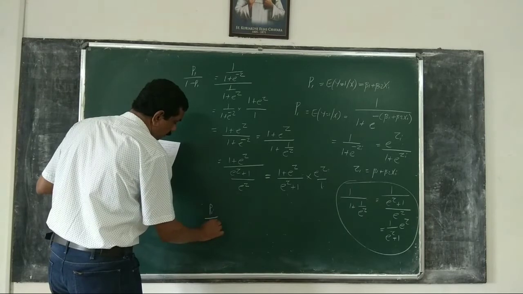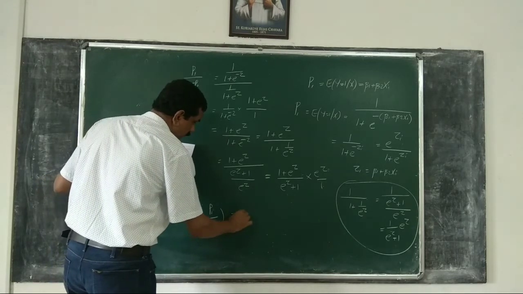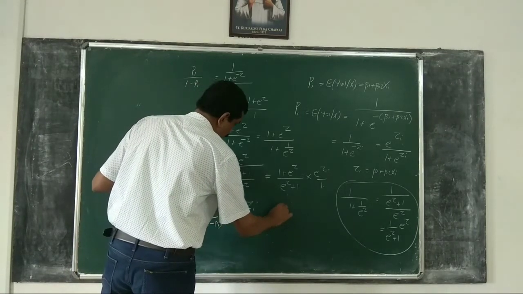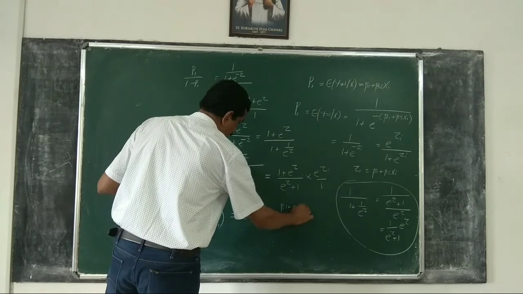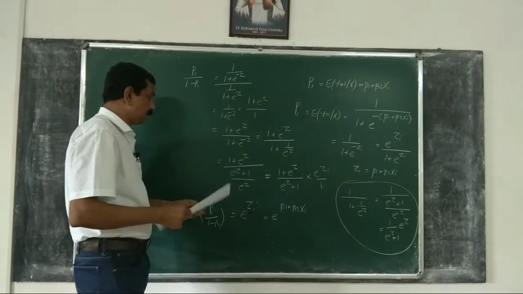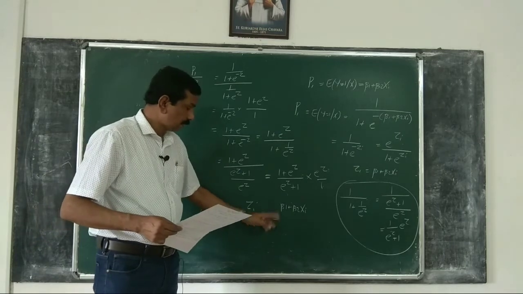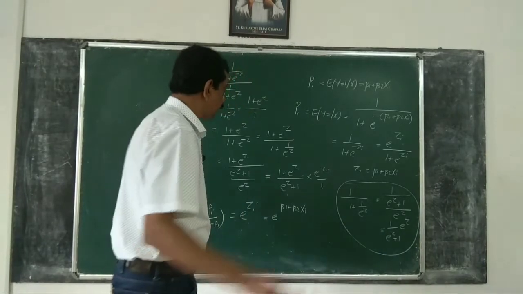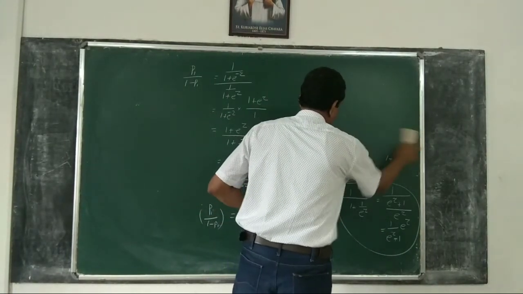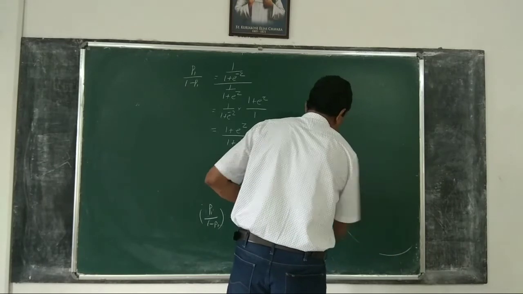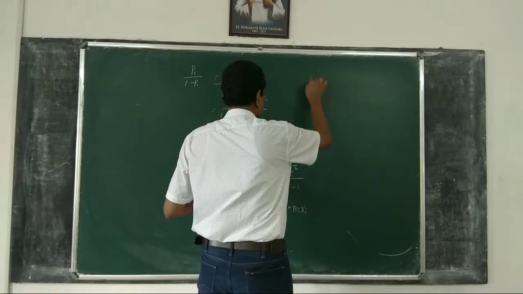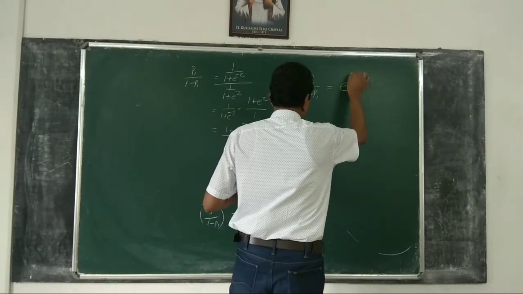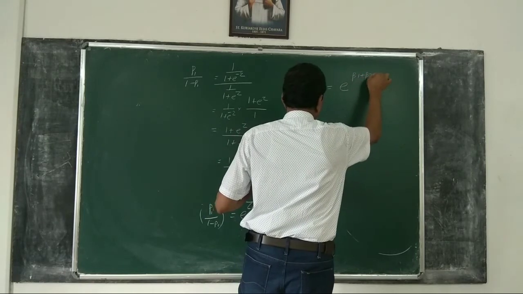Pi by 1 minus Pi is equal to e raised to Zi, that is, e raised to beta 1 plus beta 2 Xi.